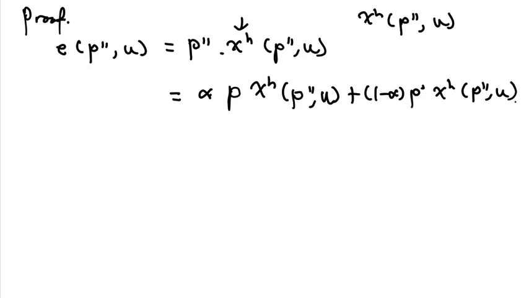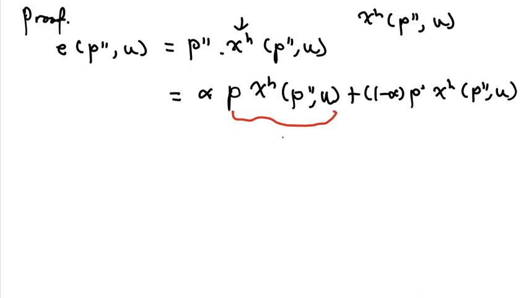Now, here we can see clearly the bundle XH is optimal for the price of P double prime, but it is not optimal for the price of P and also P prime. If you look here, I use a different pen. Look at this. This is actually the cost of the bundle for the optimal good XH.